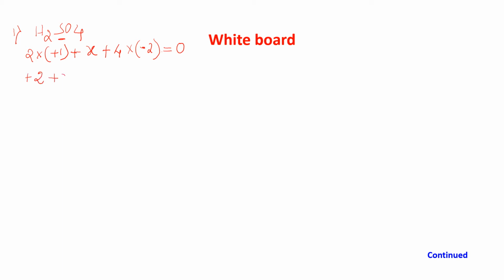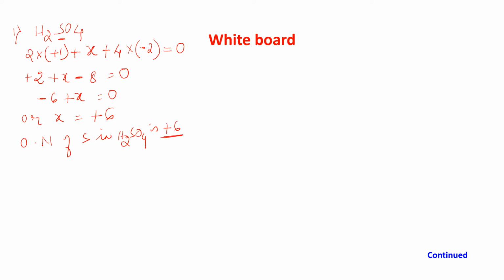Now plus X plus minus -8 is equals to 0. Now plus 2 minus 8 is -6, plus X is equals to 0, or X is equals to plus 6. So oxidation number of sulfur in H2SO4 is plus 6. Write the answer with the sign. Repeatedly I am saying this.